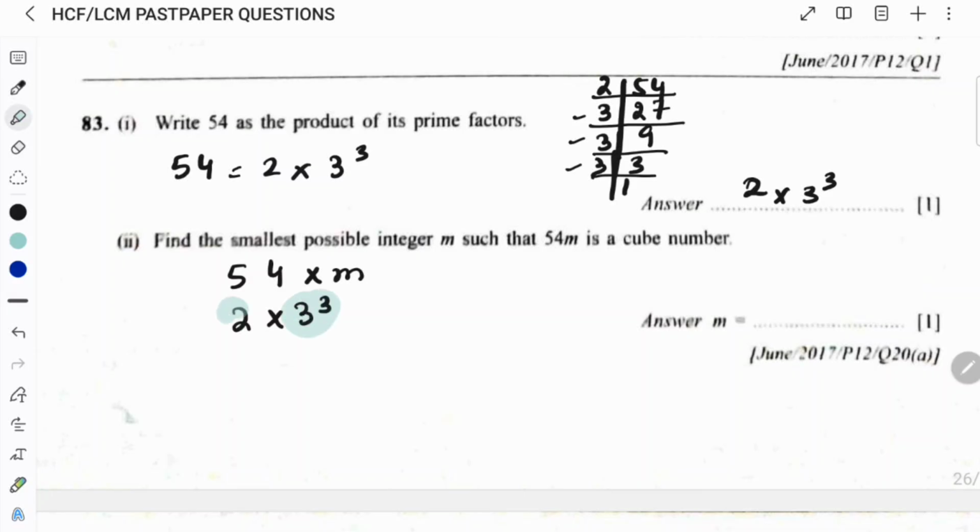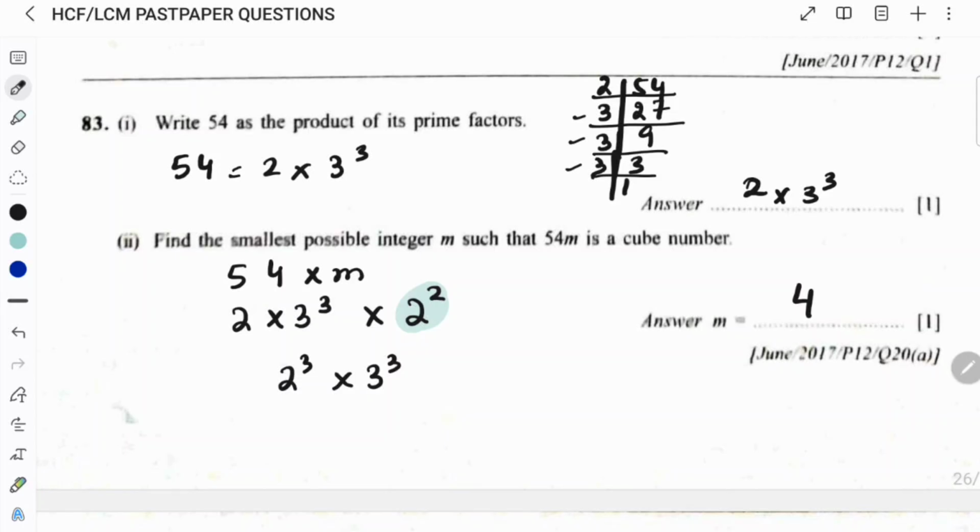I'll have to make this 2 a cube number, so I multiply this 2 by 2 square, and the whole number will become 2 cube into 3 cube. So what did we do? If we compare, we multiply only by 2 square to make this number a cube number, and 2 square is equal to 4 here. So 4 is the right answer for this question.